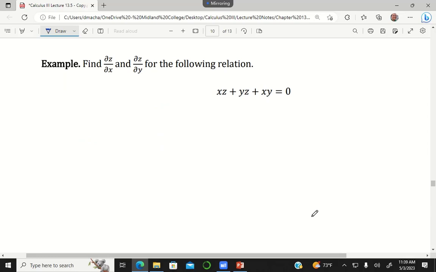Skip down to this one. Find partial z with respect to x here. So again, the numerator is minus partial f with respect to x, over partial f with respect to z. Cool. All right, what goes in the numerator?